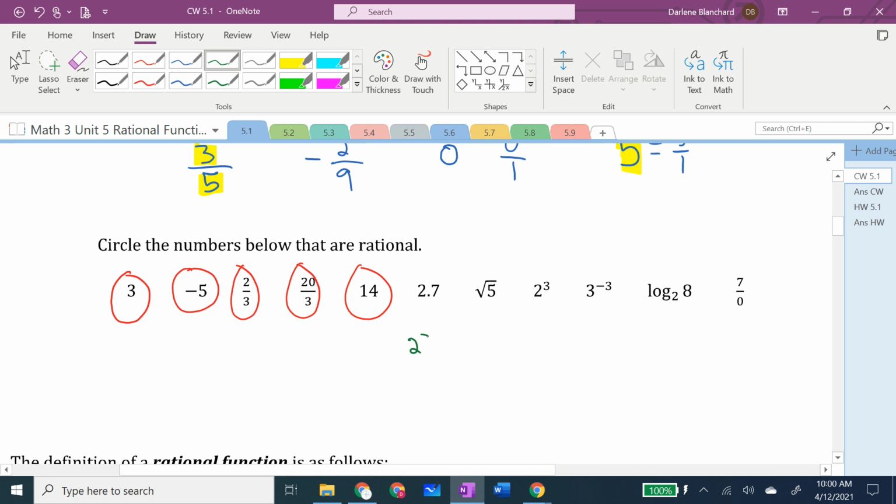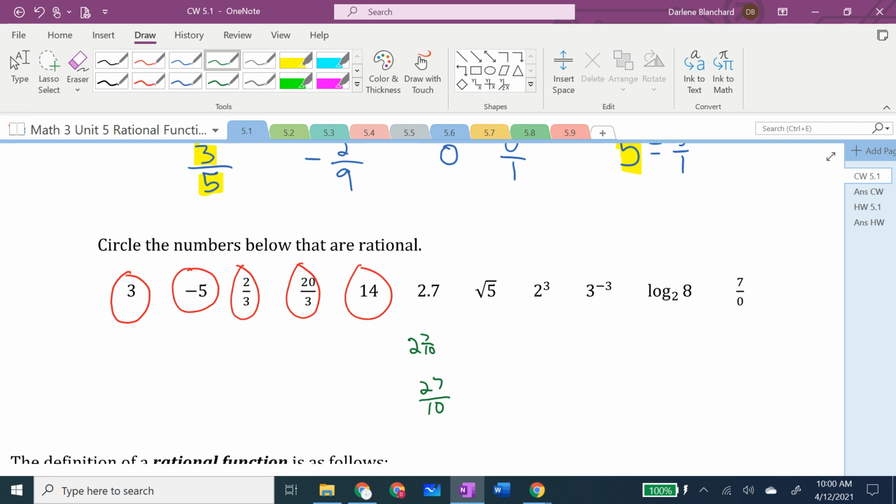You could do 2 7/10. You could do 27/10. So if your decimal ends, you can always write it as a fraction.